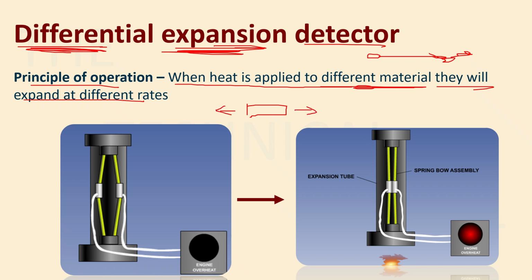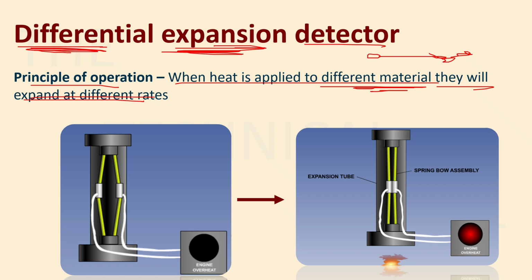And if I have a steel rod, it will expand at a different rate. So this is the sole principle of operation of your differential type detectors: whenever heat is applied to different materials, they expand at different rates.